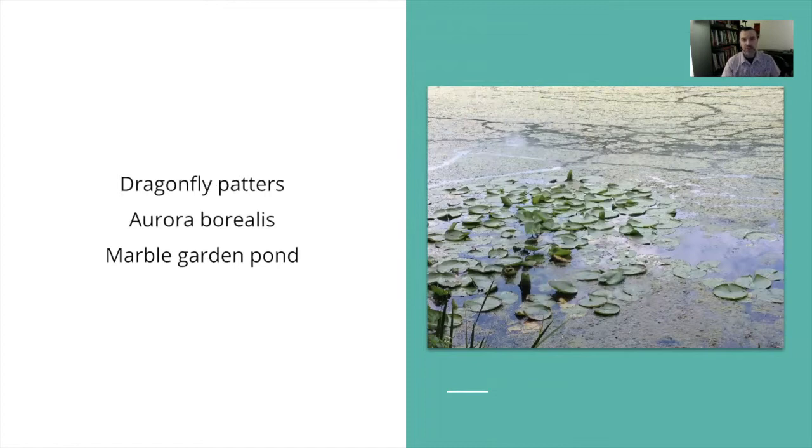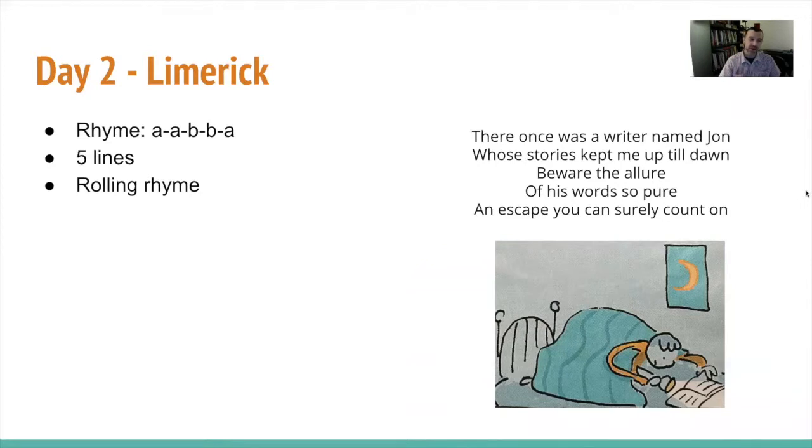The second form that we're asking you to think about here is the limerick. Now, the limerick is another very common form that many people will be familiar with. Here is an example of a limerick that Erica wrote for this lesson especially. There once was a writer named John, whose stories kept me up till dawn. Beware the allure of his words so pure, an escape you can surely count on.